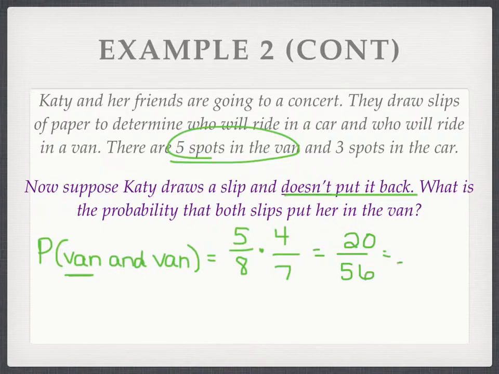And again, if you wanted to figure out that decimal, you could. It's going to be a little less than 1/3, but again, you could calculate that if you want to. Or I guess we could reduce this. If we divided by 4, it would be 5 out of 14, which again is a little less than 1/3. Or, I'm sorry, a little more than 1/3.